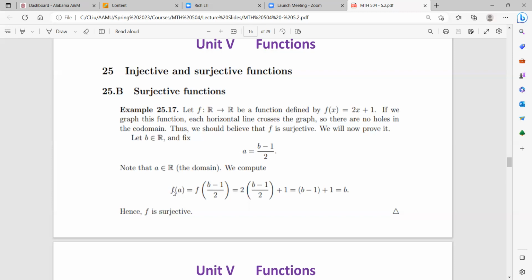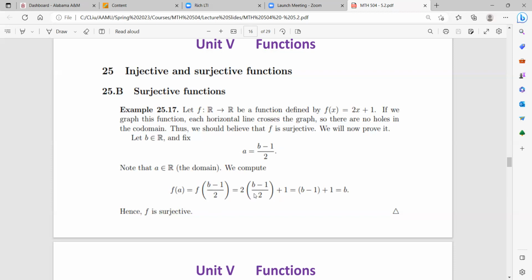And if you evaluate f of a, you just plug in a for x in f, which is (b minus 1) over 2, so 2 times (b minus 1) over 2, plus 1.